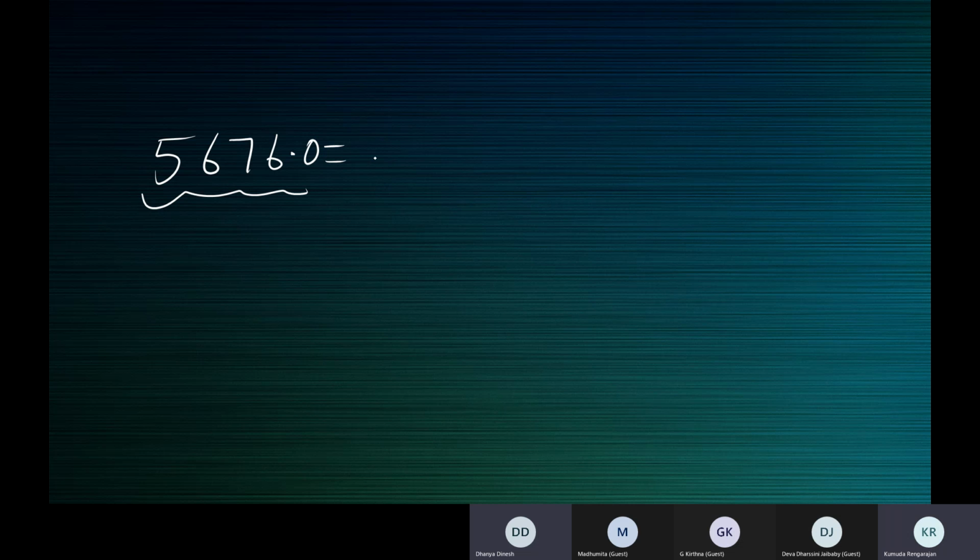You should bring the decimal point between which 2 digits? Between 5 and 6, ma'am. Yeah. So this one should be here, like 1, 2, 3. It should come here.